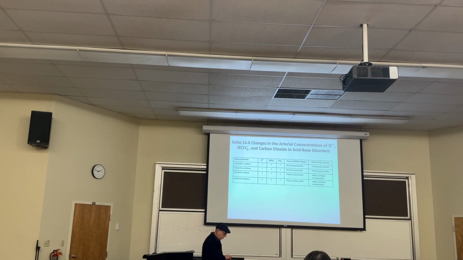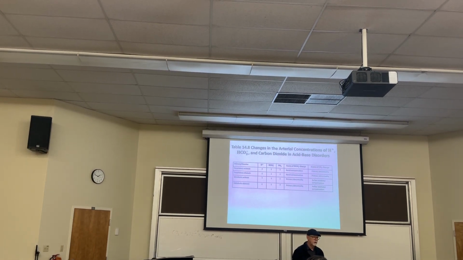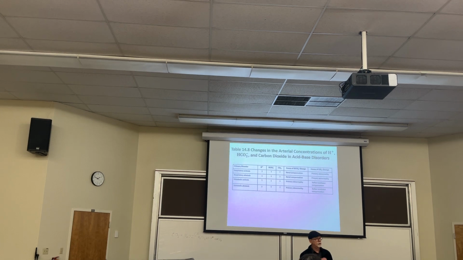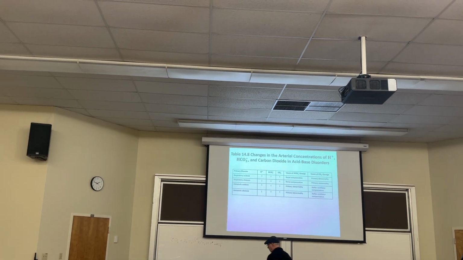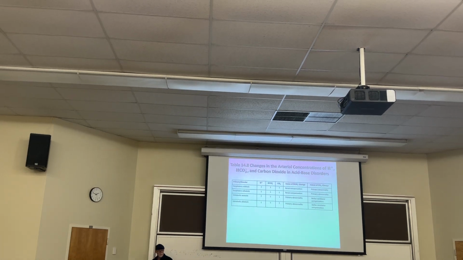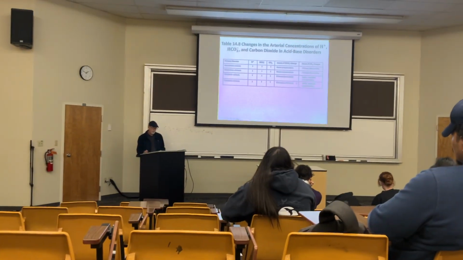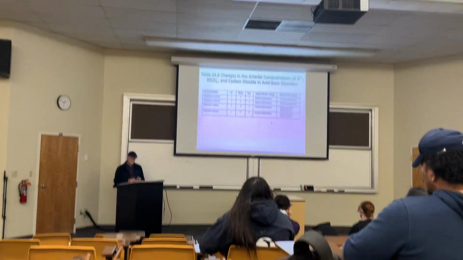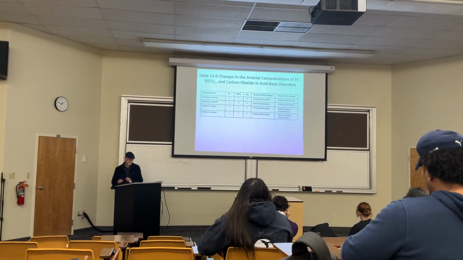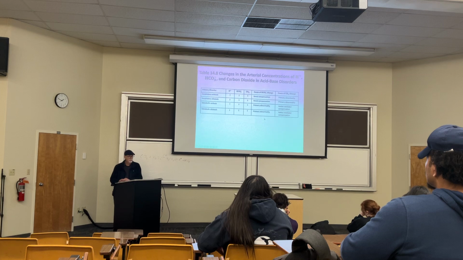We would want to reabsorb more bicarbonate, lose less bicarbonate, and secrete fewer hydrogen ions to get us back into balance. And of course, the buffer systems would work automatically on those as well. So basically, all of this table can be summarized by what we just said. We don't need to get any deeper than that, I think.